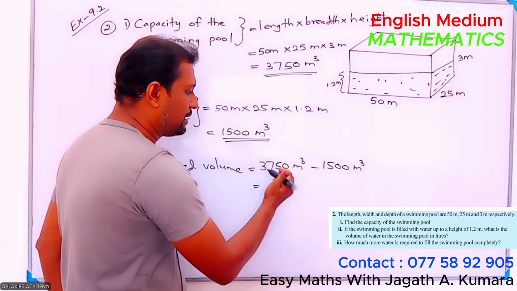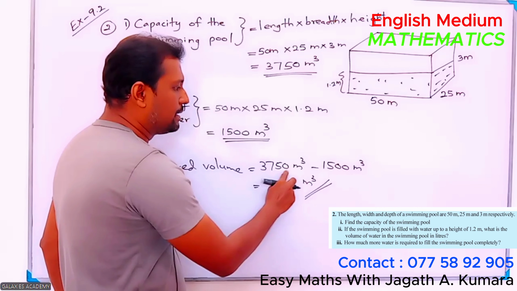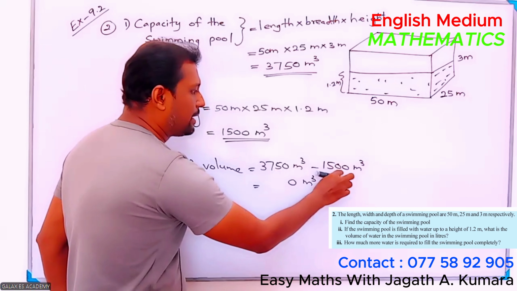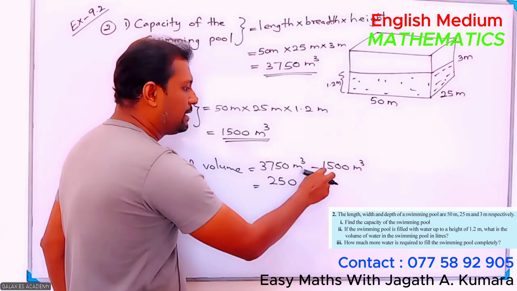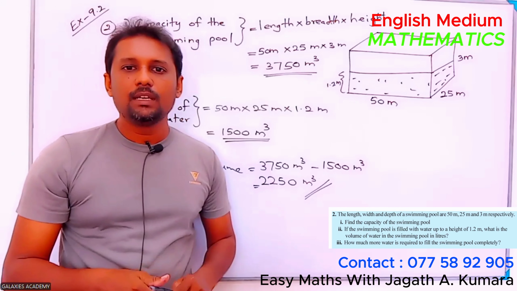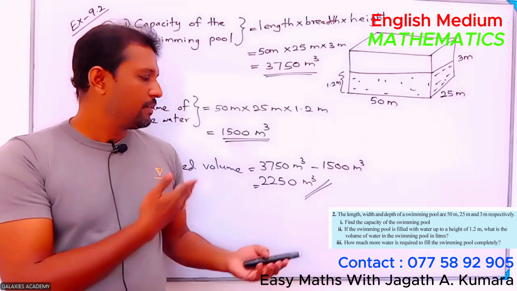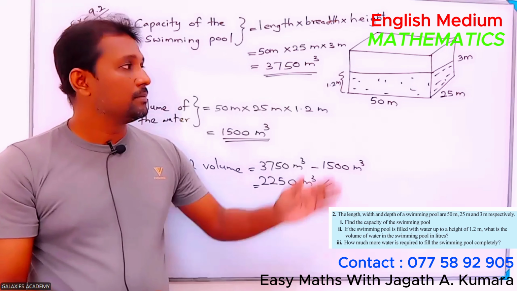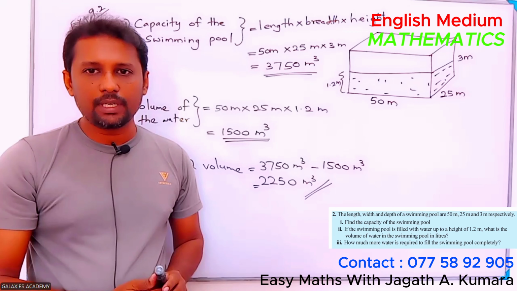You have to subtract these two. 0 minus 0 is 0, 5 minus 0 is 5, 7 minus 5 is 2, 3 minus 1 is 2. So 2250 cubic meters are needed to completely fill this swimming pool with water.